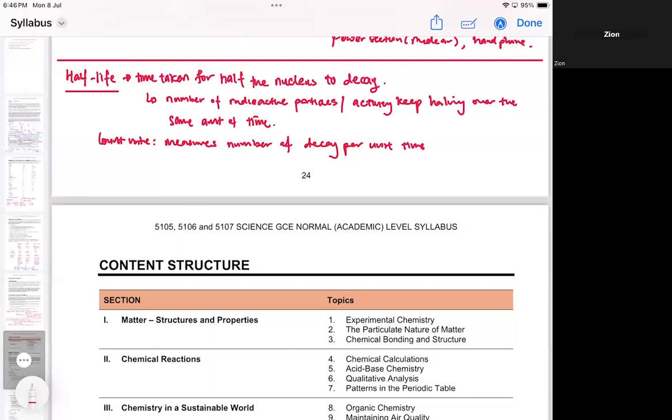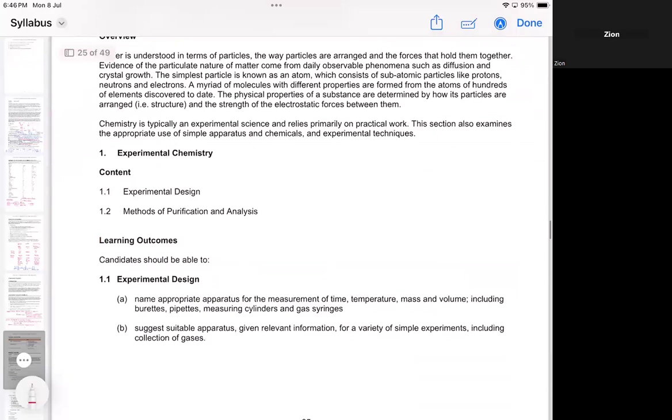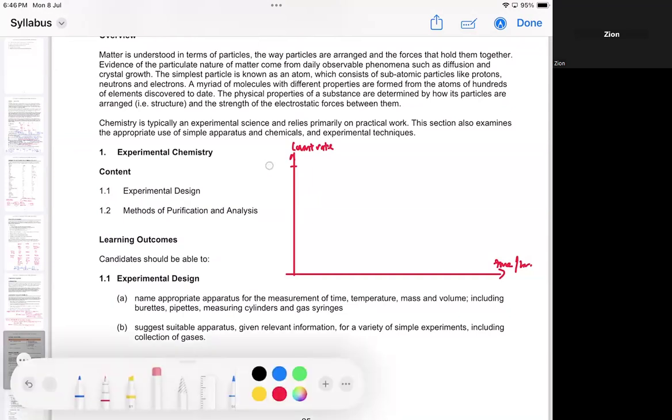So for example, let's say at the starting point, before any decay has happened, when you measure the level of radiation, it has a count rate of, let's say, 8,000.